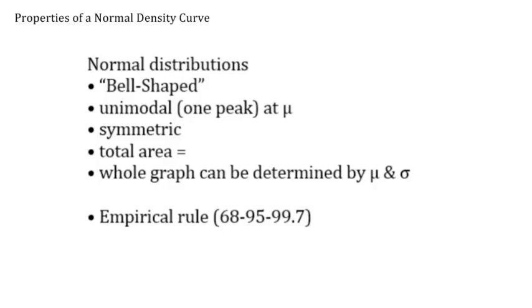Unimodal, yes, if it's bell-shaped it has one peak, but let me emphasize that that peak is going to be at the mean. That's where the peak is. Because if you're a bell curve, you are symmetric. And so if it's symmetric, we know that the mean will be at the center.